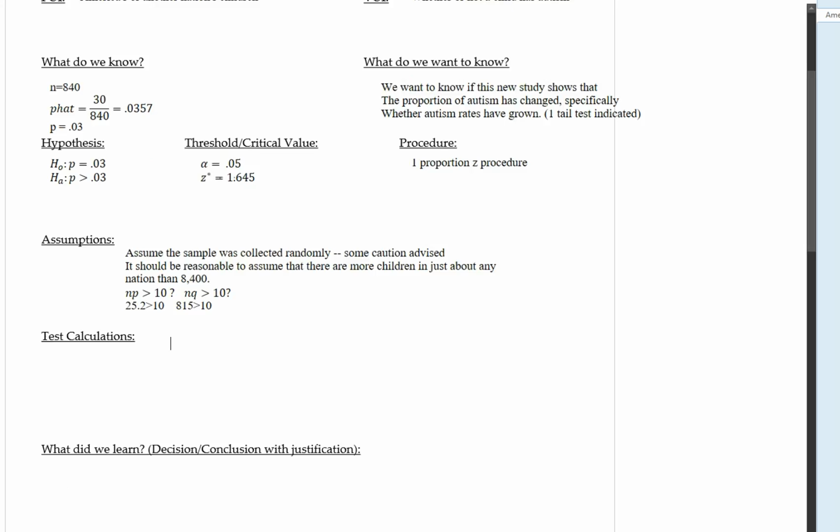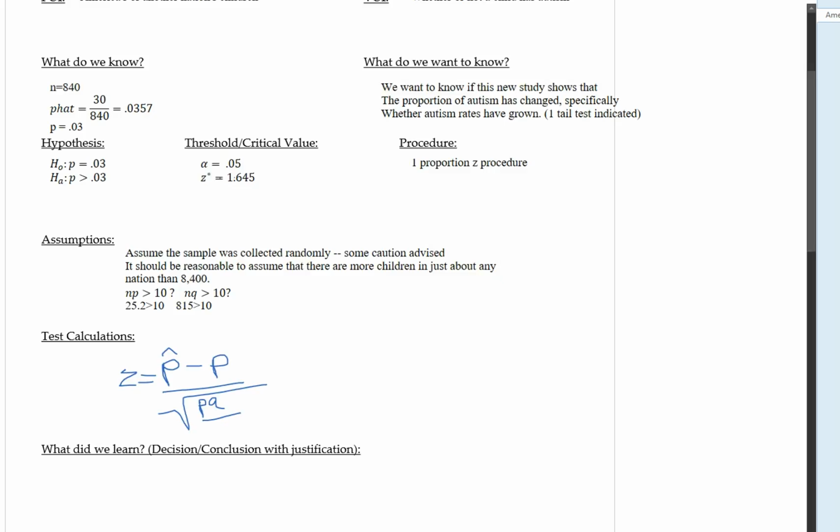So let's go ahead and write down our test statistic in general that we use for 1 proportion z procedures. For 1 proportion z procedures, we create a z test statistic, surprise, surprise. And that z is of course formed by looking at the statistic, or p hat for us, minus the parameter, or p for us, divided by the standard deviation of that test statistic, which is for us, of course, the square root of pq divided by n.